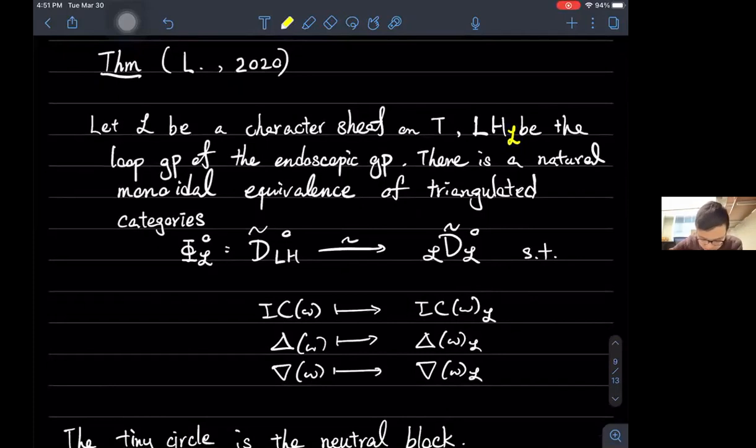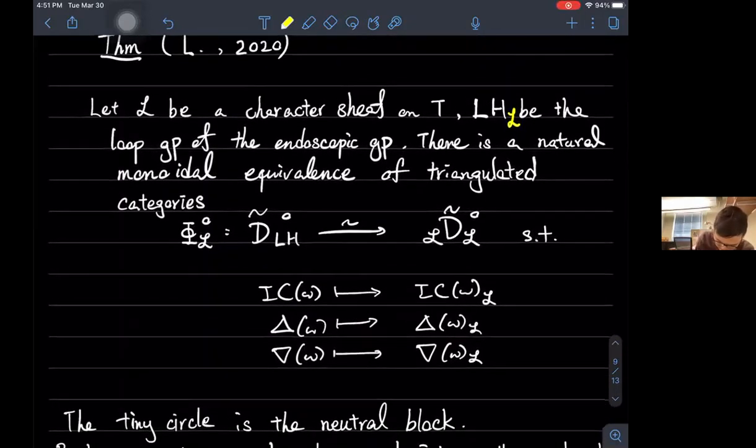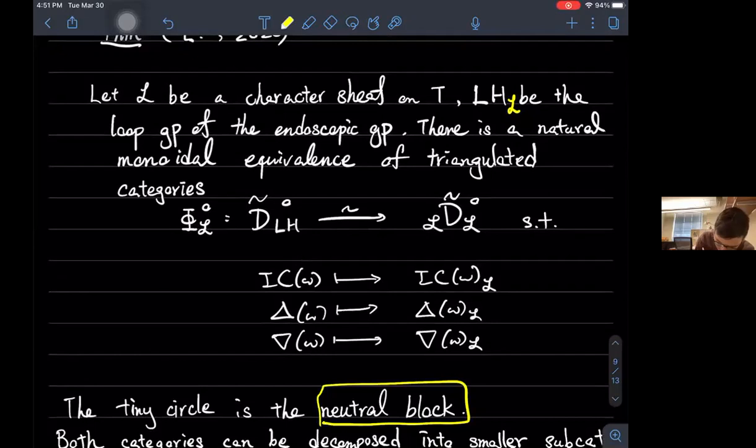I prove that there's a natural monoidal equivalence of triangulated categories of the neutral block of the Hecke category and the monodromic affine Hecke category, which preserves these three families. So it sends IC sheaf to IC sheaf. In particular, this is t-exact.